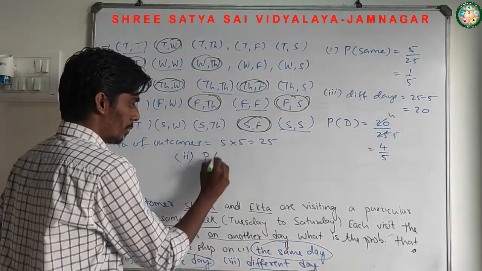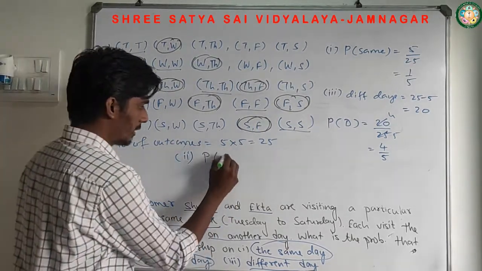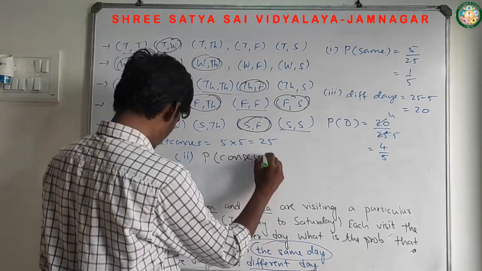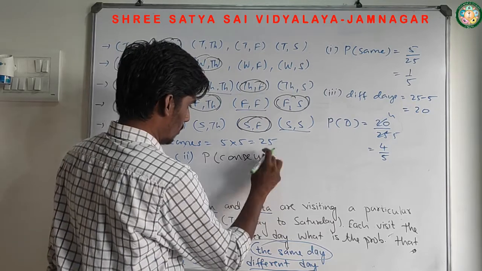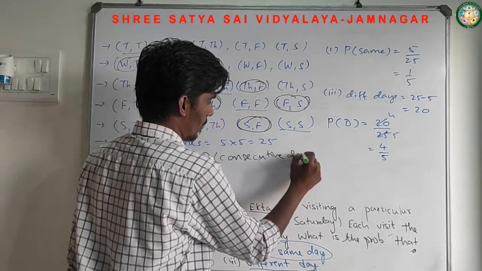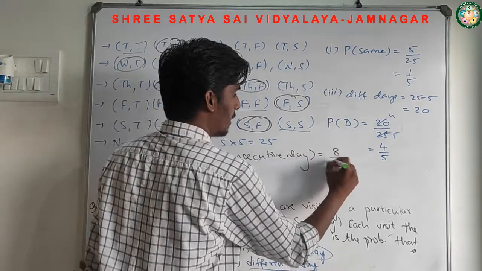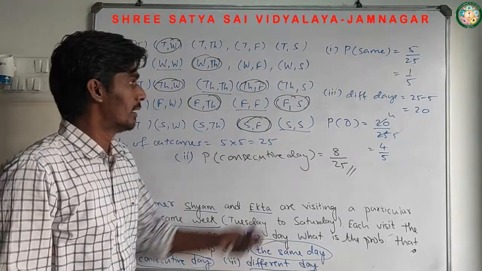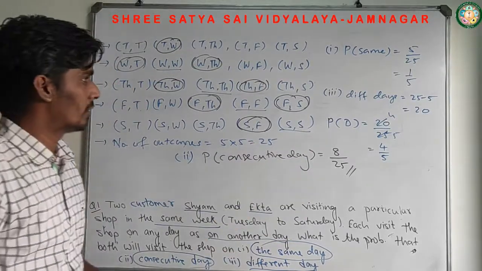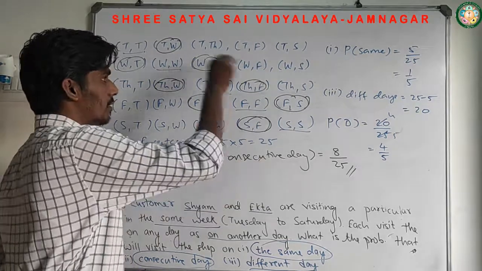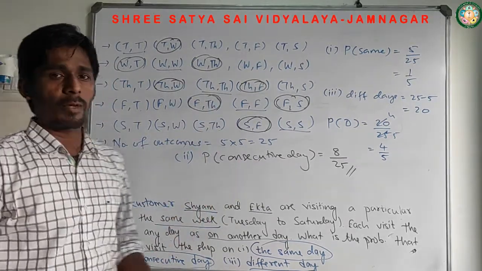So the probability of consecutive days is 8 upon 25. No need to reduce it as it's not reducible. So this is the way we have to find out. That's quite an interesting question. The important thing is how to get all the possible outcomes.